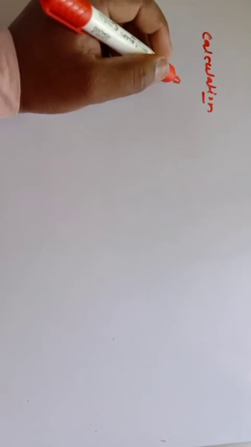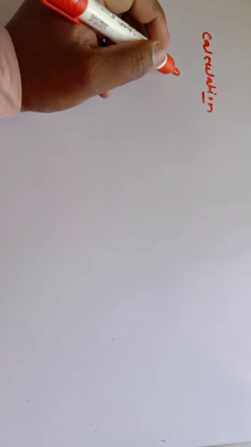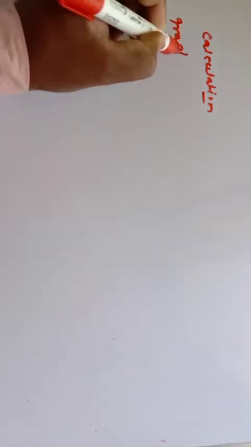So by calculation, we find K as 1 upon A t into x upon A minus x. Similarly, graphically we can find the rate constant.